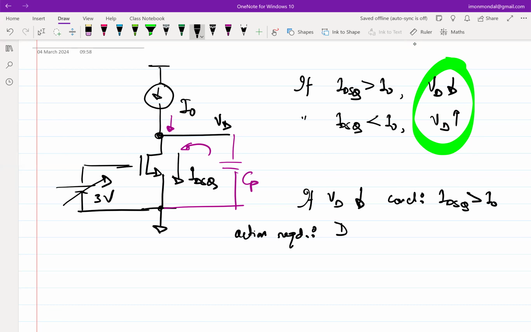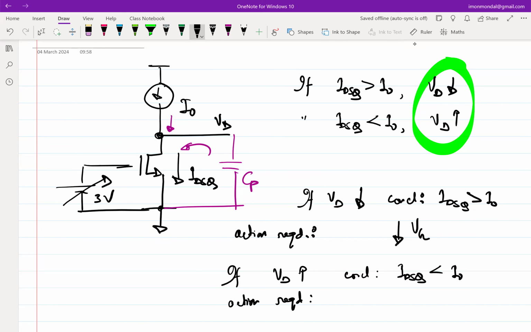Right, so the action required is to decrease VGS, in this case VG, because the source is grounded, right? Decrease VG. So the action required is decrease VG. And if it's the other way around, if VD increases, then the conclusion is IDSQ is less than I0, and the action required is increase VG.